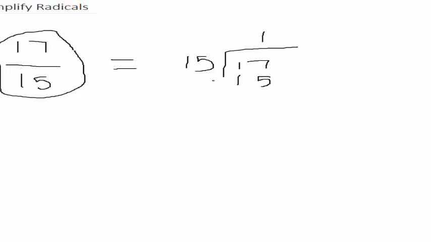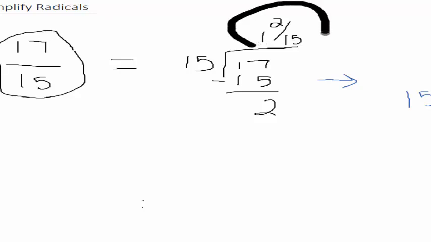Then we subtract to get 2. So we have a remainder of 2. And so our answer is 1 2/15. So we have changed it from an improper fraction to a mixed number.